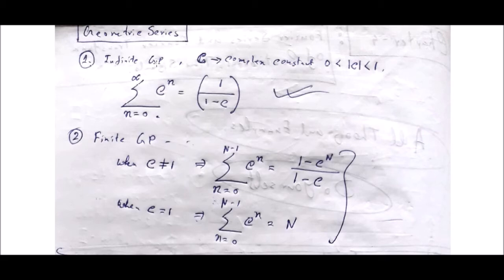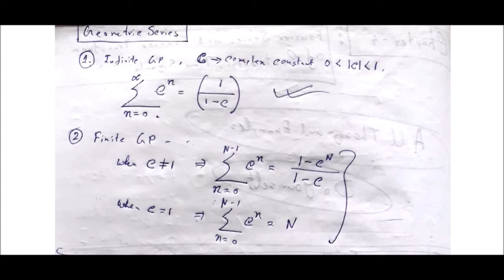Suppose you consider an infinite GP series, where C is a complex constant. That means this value is a constant, but it may be a complex number or a real number. The magnitude of C should be between 0 and 1, that means it should necessarily be a fraction. Then you want to calculate the value of the infinite series, summation of n from 0 to infinity of C to the power n.